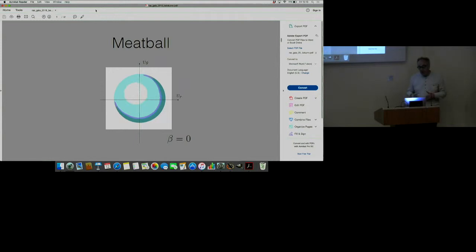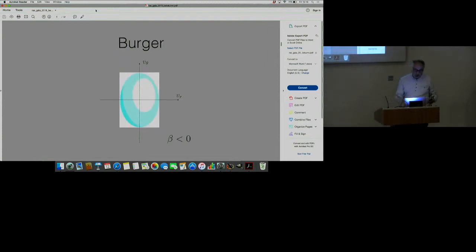If I were to consider an isotropic model, then my distribution in velocity space would be like a meatball. v_r, v_theta, and v_phi would have equal weighting. If I have a tangentially anisotropic velocity dispersion, so now beta is less than 0, and the stars have predominantly circular or near circular orbits, then I would get a burger, because the v_r axis is short and the two angular axes are long.